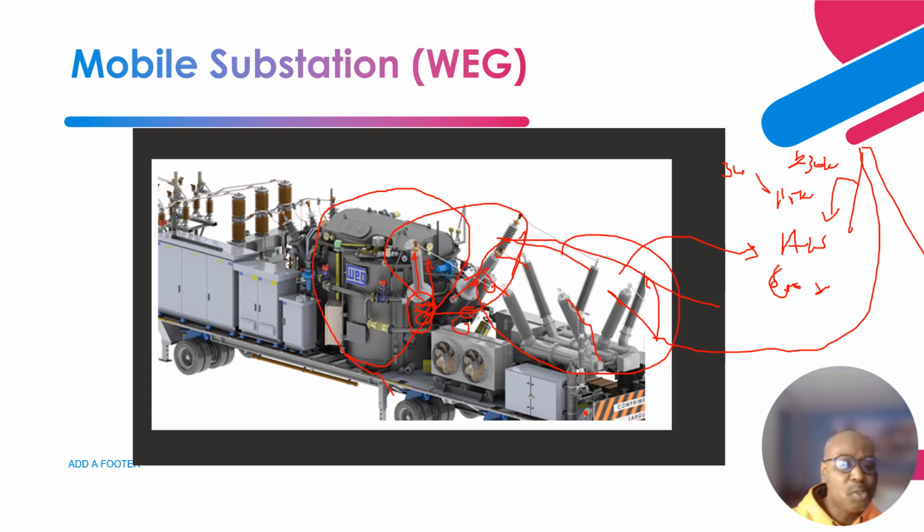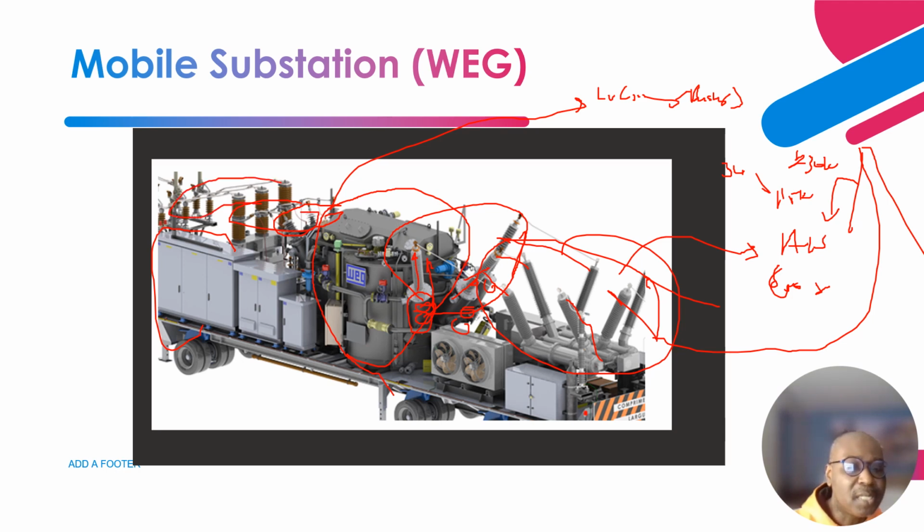Okay, so on this side is the low voltage side, and I indicated that you are able to identify the low voltage side based on the size of the bushing. On this side is the switchgear, and you have disconnect switches on this side.